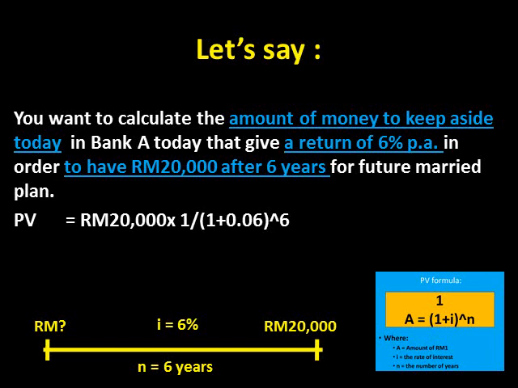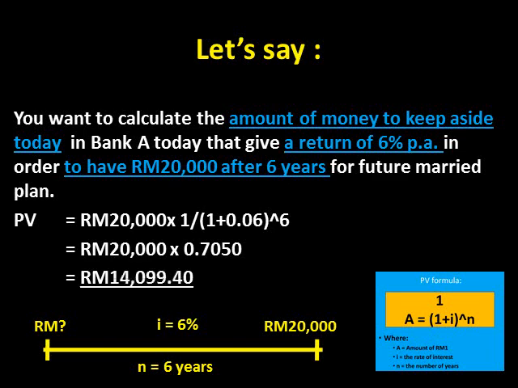So RM 20,000 times PV, where PV is 1 over A. So 20,000 times 0.7050. We recap on the previous slide: the PV must be 0 point something. If you get anything other than that, it means you got a wrong answer. So the amount that you need to keep today is about 14,000.